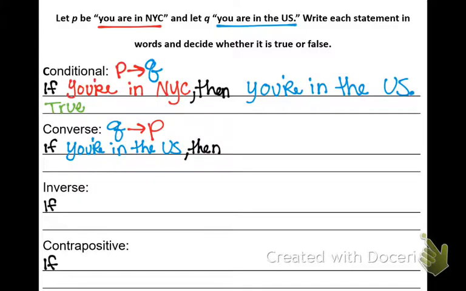Yep, then you're in New York City. All right, so how many of us in this room are in the United States? Every single one of them. Are we in New York City? No, so is this true? It is false.